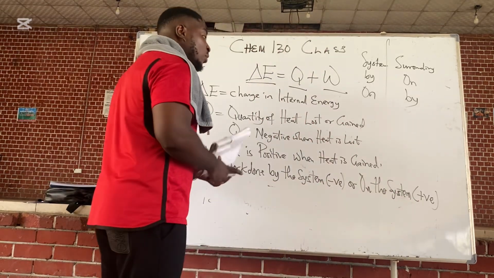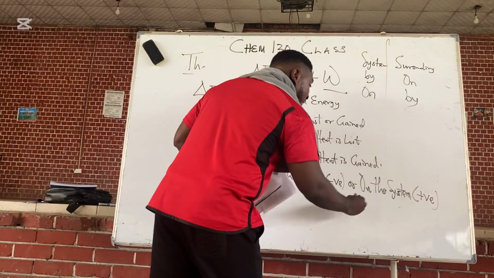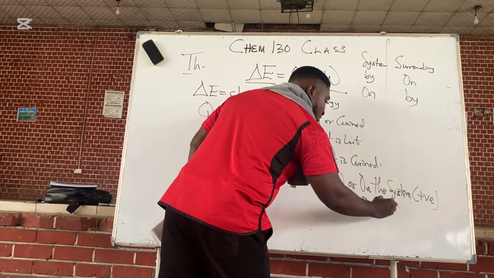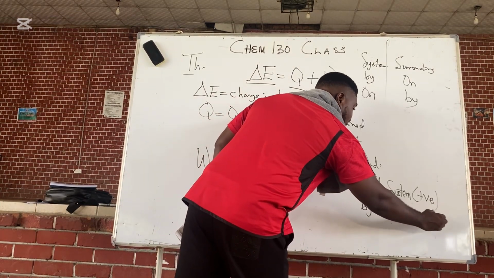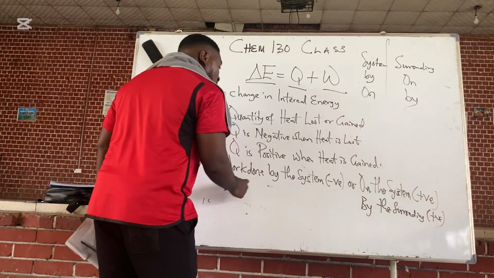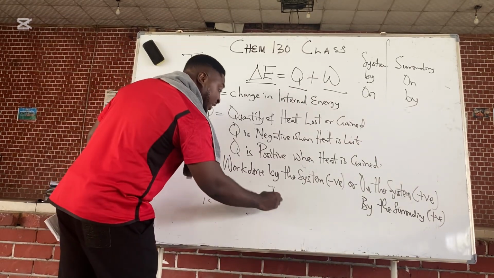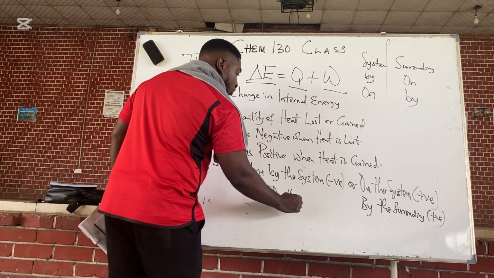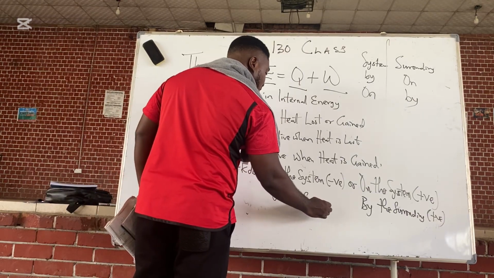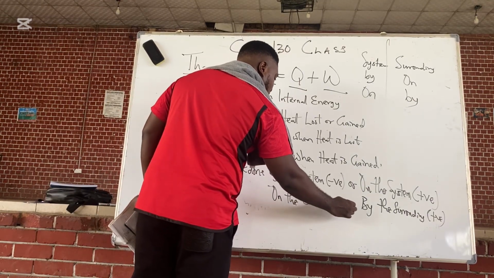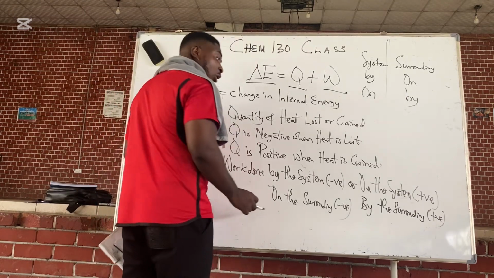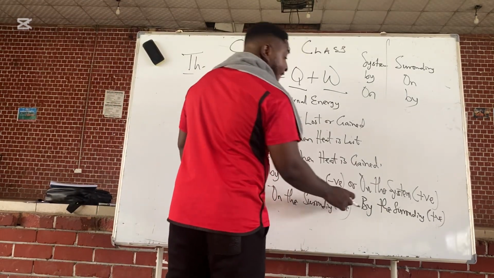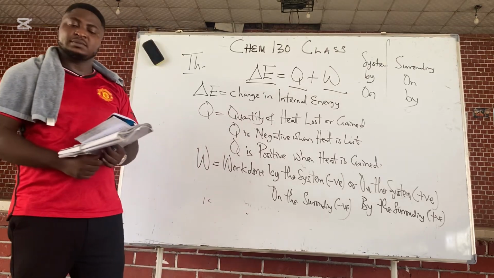So on that way of saying work is done on the system, you say by the surrounding, positive. And when we say work is done by the system, it means on the surrounding. So either work is done by the system on the surrounding, or on the system by the surrounding.